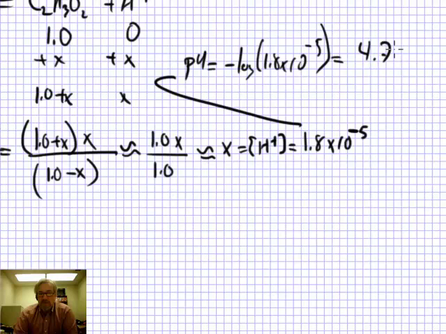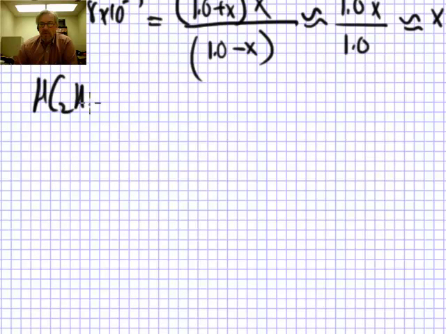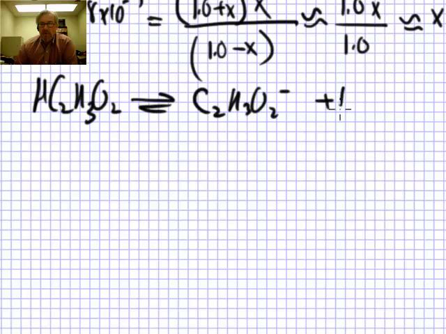Now, why don't we do a comparison to find out what the common ion effect is? Let's pretend that we had this same solution of acetic acid, and it was going to dissociate, just like it normally would, into acetate ions and H+, but now we don't have the common ion in there. So initially we'd have a 1.0 and a 0 and a 0. The change is still 1 to 1.